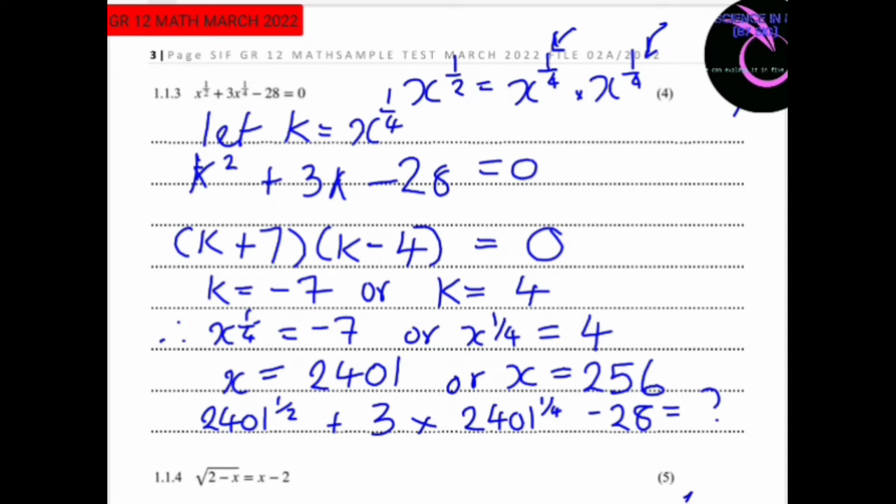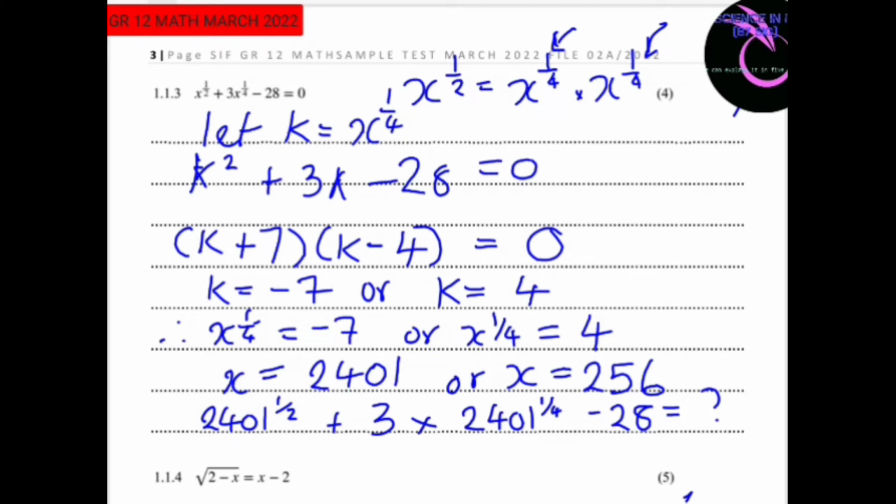I'm just going to check in case I made a mistake. 3 times 2401 raised to the power of a quarter and then minus 28. I'm getting the answer is 0. So which means my sum is correct.